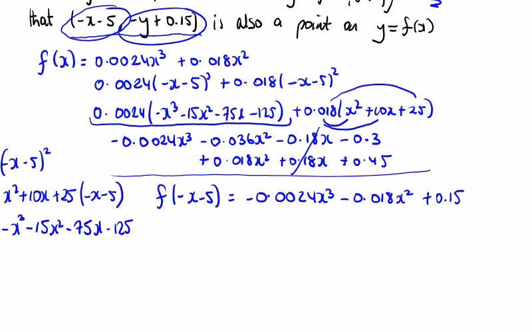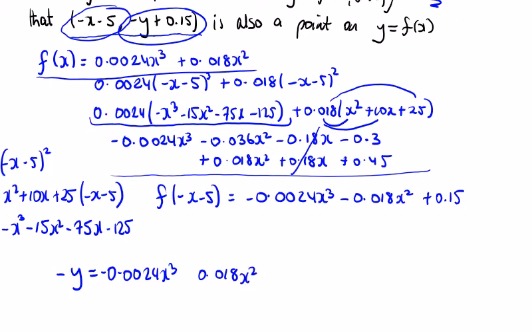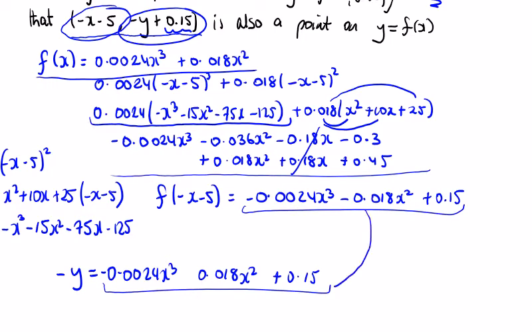Well, okay, f of x is equal to y, so minus y is equal to, here's my f of x, minus y is 0.0024 x cubed plus, no, I'll just change, I'll put the minuses now, both of them become minus 0.018 x squared, and if I add plus 0.15, that second part, you can see here that these two things are in fact equal.